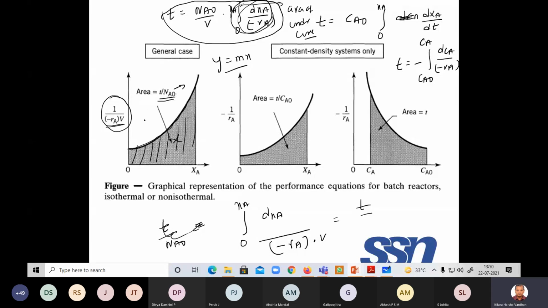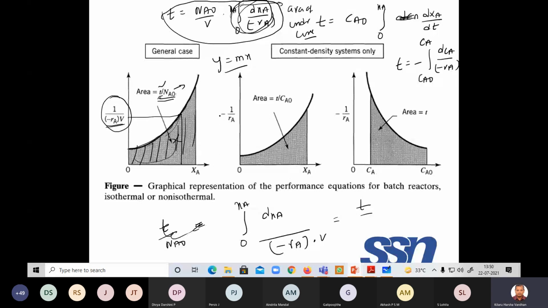Since Na naught you know, we can calculate T, the time for the final conversion. You want 90% conversion, so this is the 90% conversion line. You draw it here and find the area under the curve. You can find how much time is required for that particular conversion.